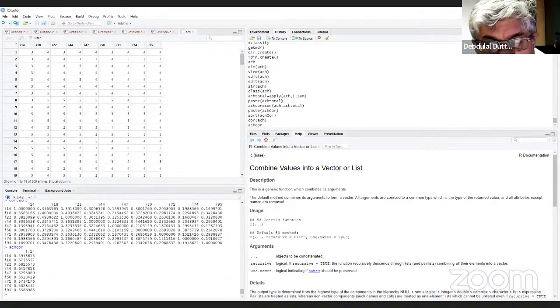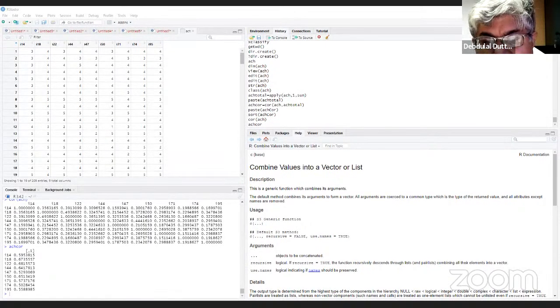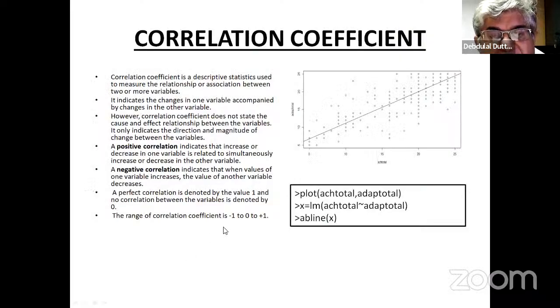Now I am going to this one. Now I am sharing the screen. So this is, I think, visible to all of you.